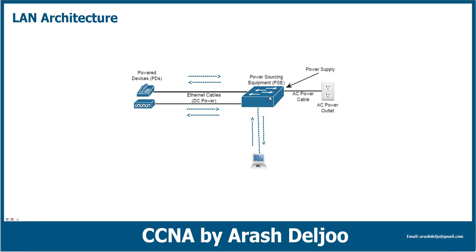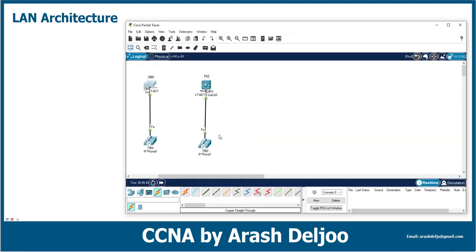Because of that, for example, this switch now is applying the power to the IP phone and to the AP, but not to the PC, and it is so important. Look at here, in this scenario, the switch is applying the power to, for example, the 7960 IP phone, but if you connect the PC, the switch after negotiation understands that the PC doesn't need the power. Because of that, it shouldn't apply the power.